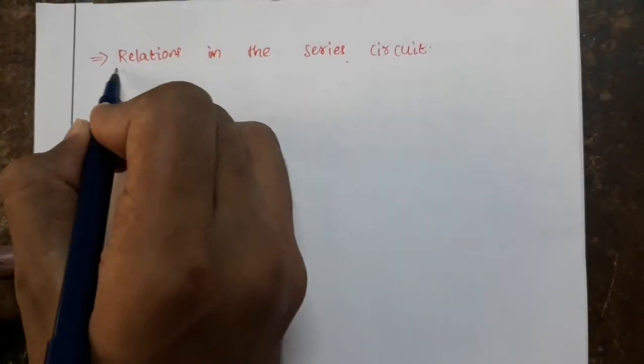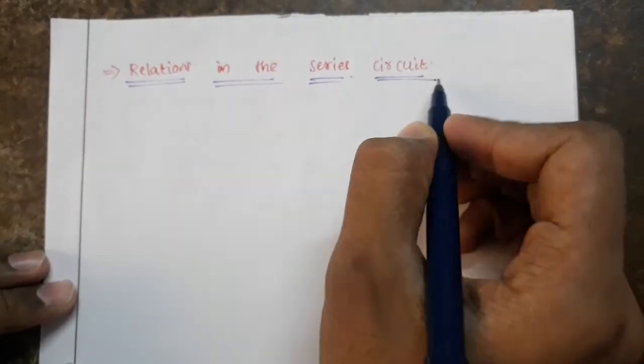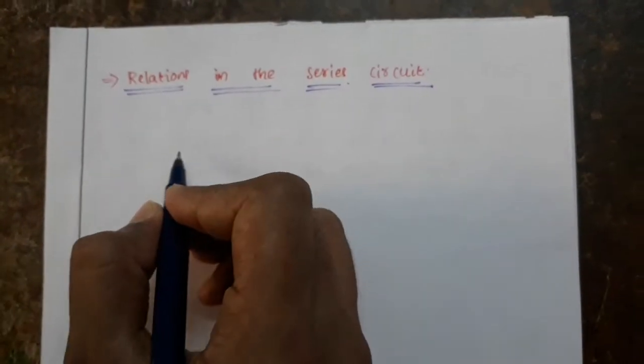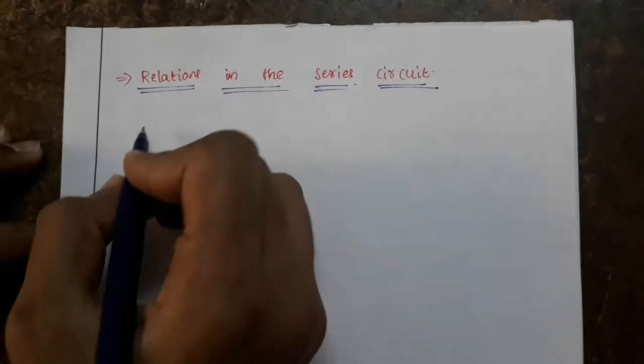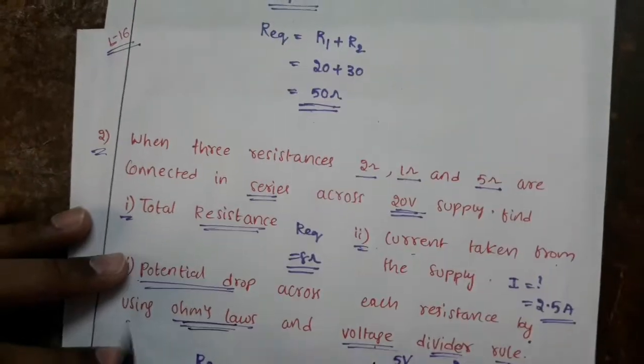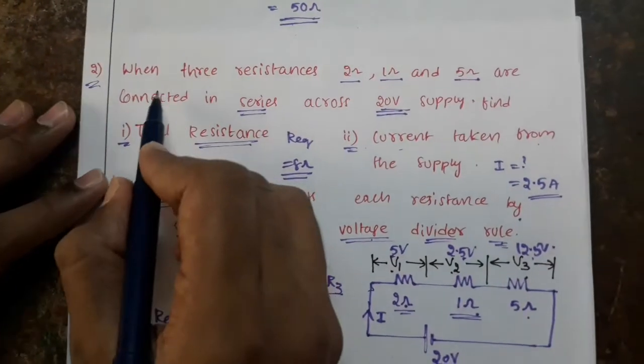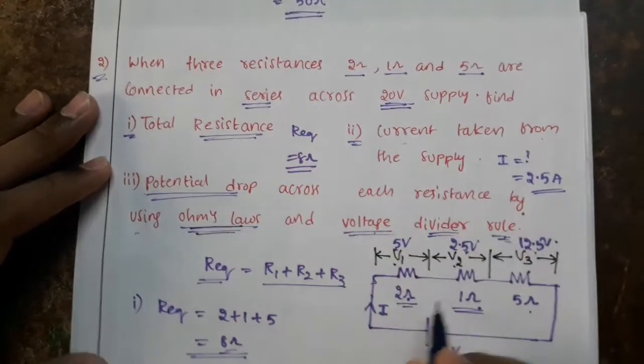Friends, relations in the series circuit. For explaining this, I am taking yesterday's problem, that is problem number 2 from the lecture number 16. Before this, please go through the lecture number 16 for the better understanding. Here we have three resistances.